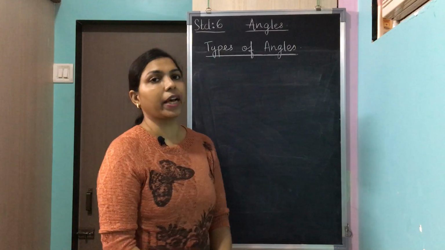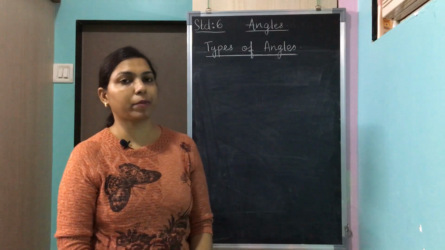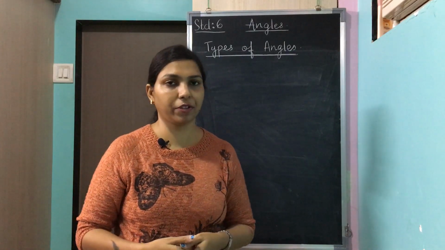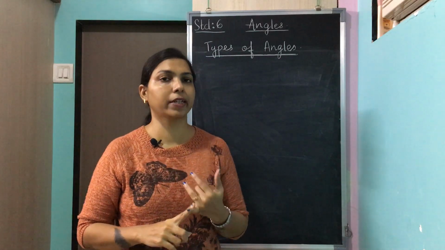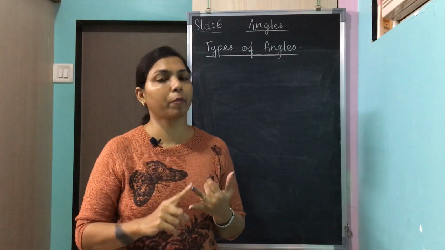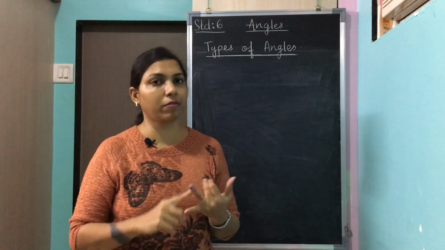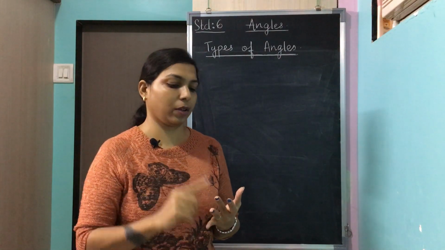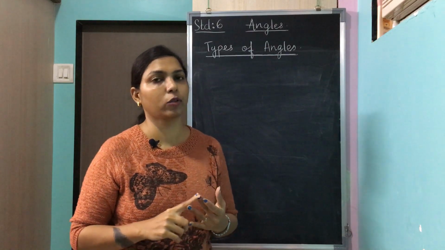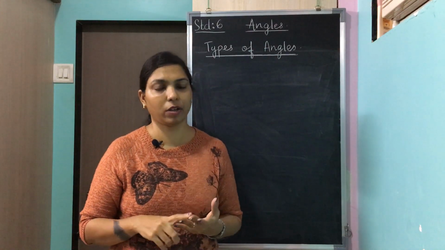Okay, with this students, we have completed the first part of our chapter where you have learnt about the different types of angles. You have learnt about a zero angle, acute angle, right angle, obtuse angle. Then you've learnt about reflex angle, a straight angle, and a complete angle. So these are the 7 types of angles that you have learnt about.